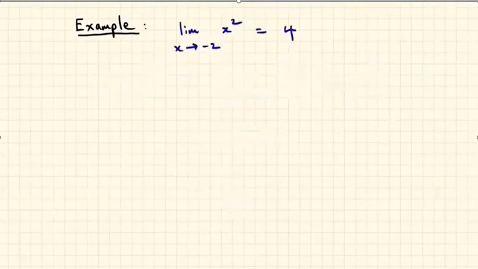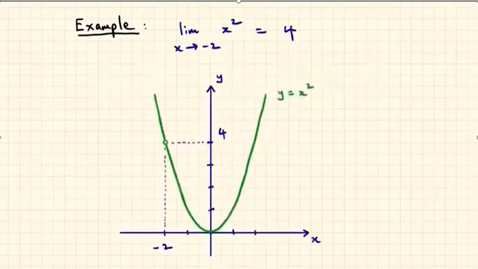If we put a hole in the graph at -2 on the horizontal axis, which x is approaching, then the hole lines up directly with 4 on the y-axis, the limiting value of x squared. Again, it's as though we can fill in the hole perfectly with x-coordinate -2 and y-coordinate being the limiting value as x approaches -2.